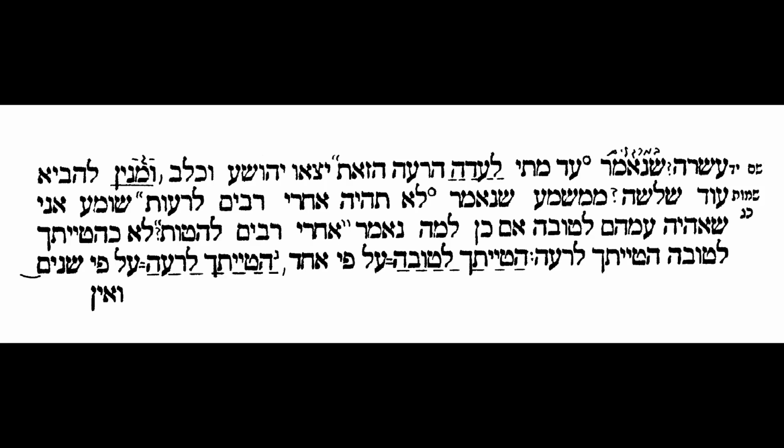The Gemara answers, shneamar, the pasuk says in the context of the Meraglim, those were the spies that were sent by Moshe Rabbeinu to scout out Eretz Yisrael in Parshas Shlach, in Sefer Bamidbar. It says, Ad mosai la'eda hara'ah hazos. Regarding that group of spies, the pasuk uses the term Eda, as we've underlined, this evil group.